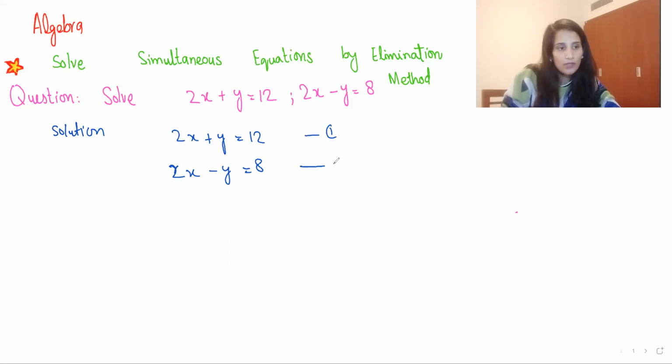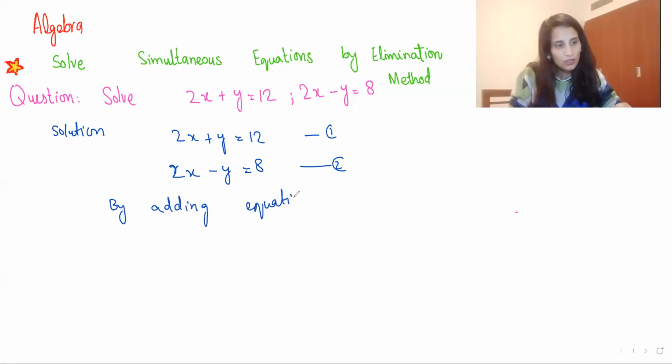So equation number one, equation number two. By adding equations one and two, we get 2x plus 2x would be 4x, y minus y would be 0.